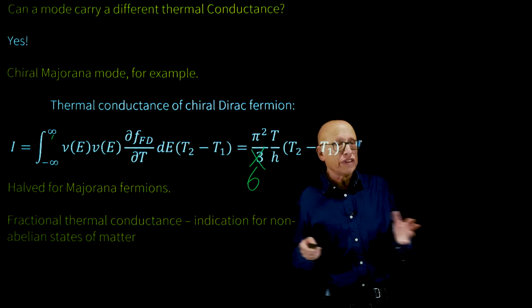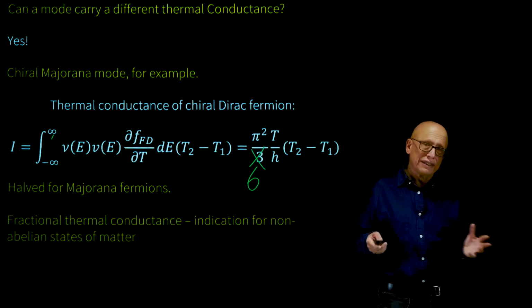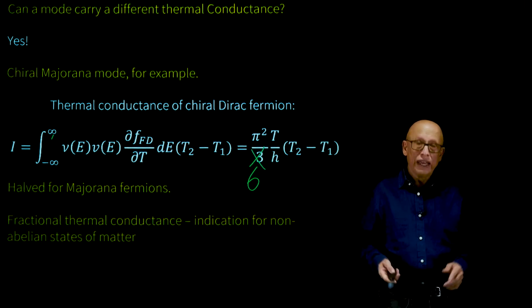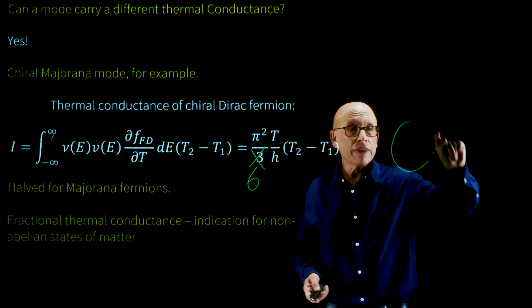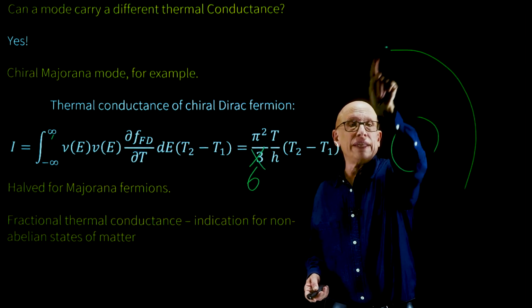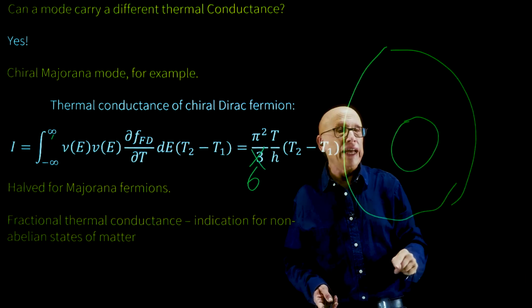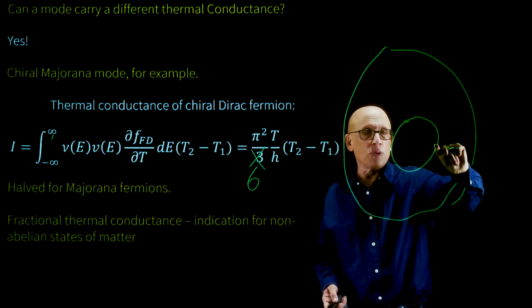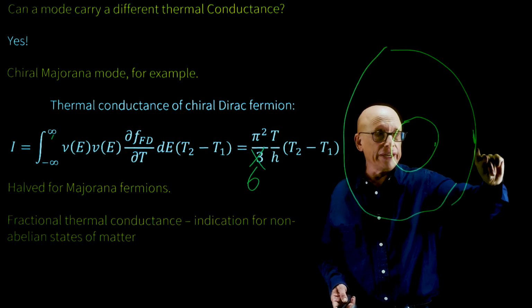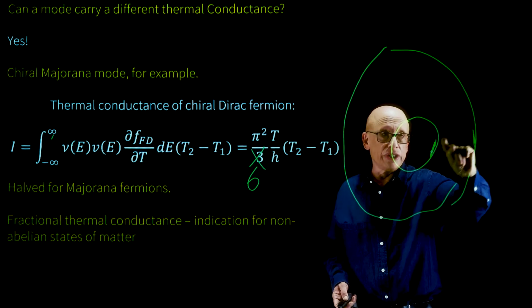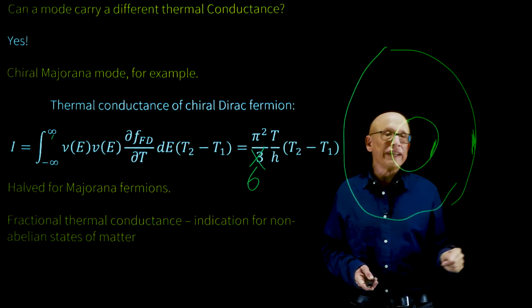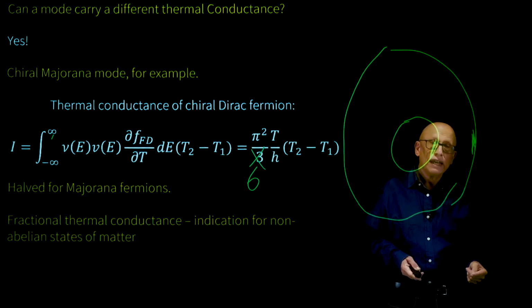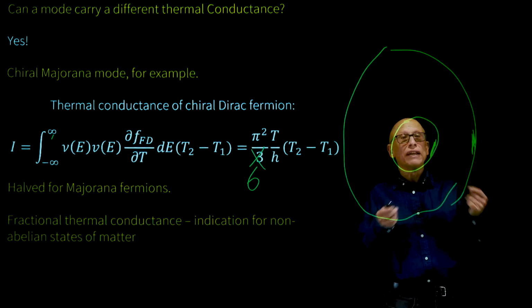There's another difference between electrical and thermal conductance, and that involves the bulk. If you think now about this geometry, where you put a difference between chemical potential here and here, or between temperature here and here. Electrical current can flow in the bulk. Thermal current cannot, because the bulk is gapped.